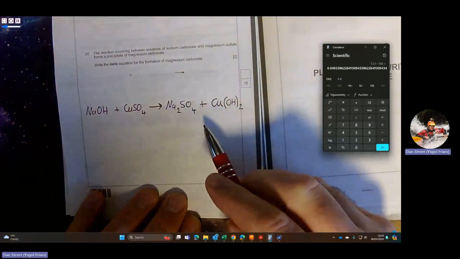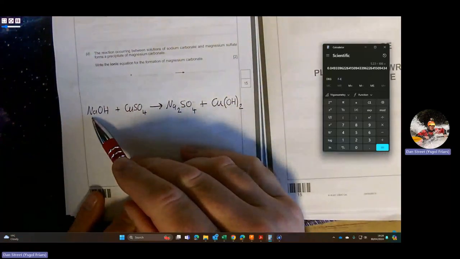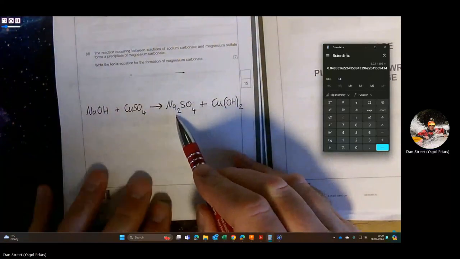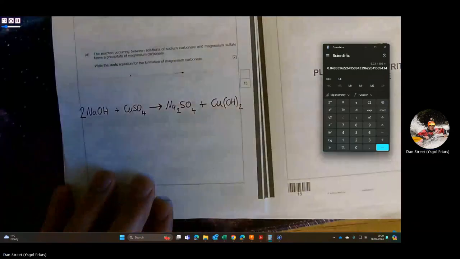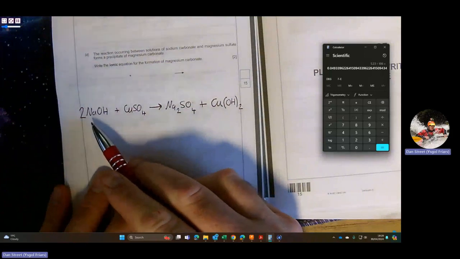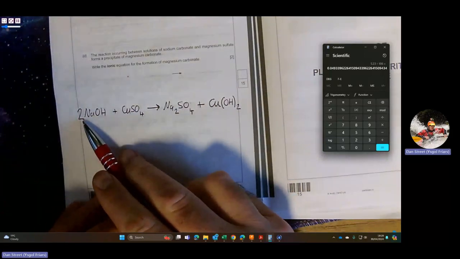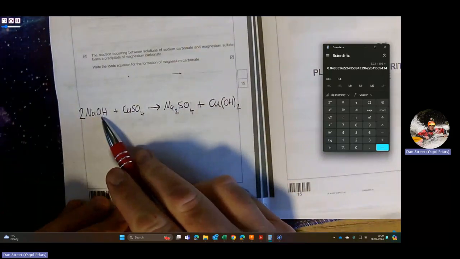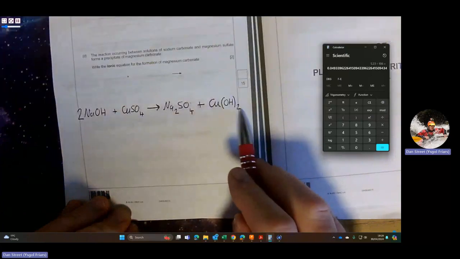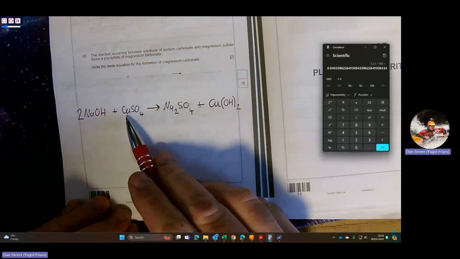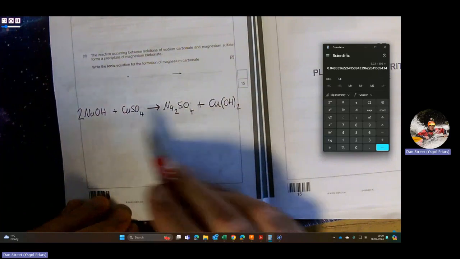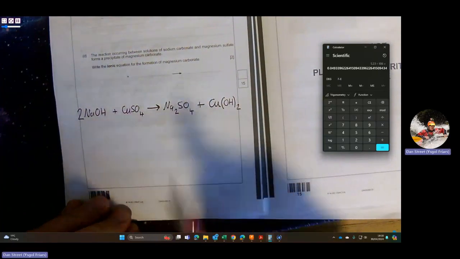We've replaced that in our equation with copper hydroxide, and then we look at balancing this. We've got 1 sodium here and 2 there, so we can put the 2 there, and that actually solves the problem, because we now have 2 hydroxide ions on this side of the equation and 2 hydroxide ions on that side as part of the copper hydroxide, and the coppers and the sulfate ions are all balanced automatically.